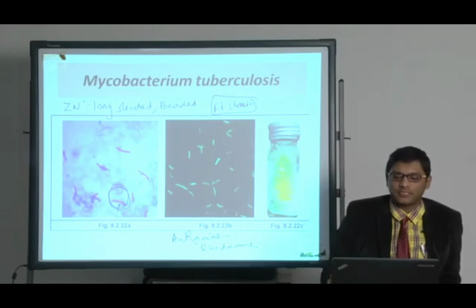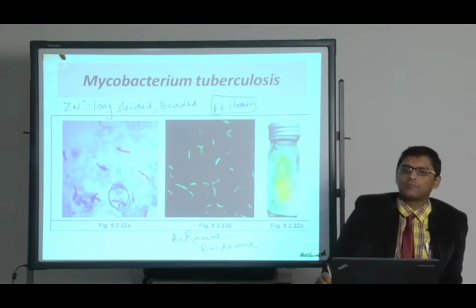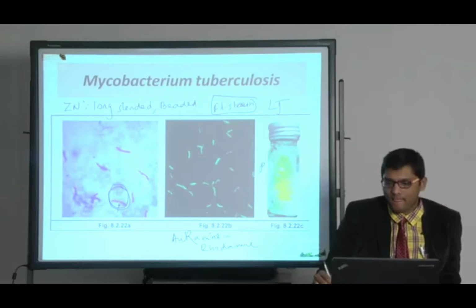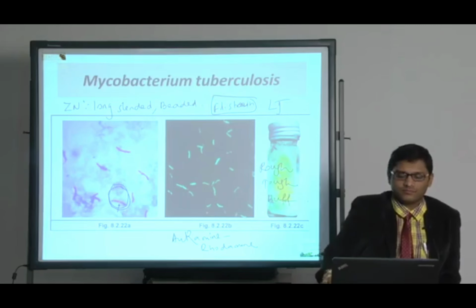The mycobacterium appears as brilliant green fluorescent color. On Lowenstein-Jensen medium, the description is rough, tough and buff colored colony.